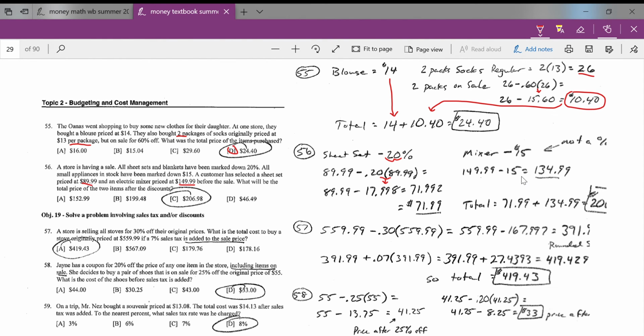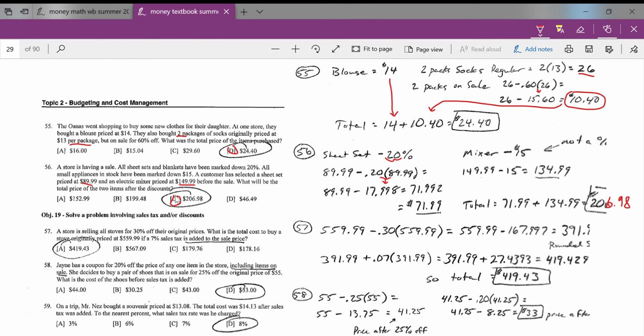It's a $15 discount. We just minus 15, so that costs $134.99. Okay, so we take the price of the sheet set, $71.99. Price of the mixer, $134.99. We add them together, and this got cut off here. It should be $206.98. Okay, letter C.